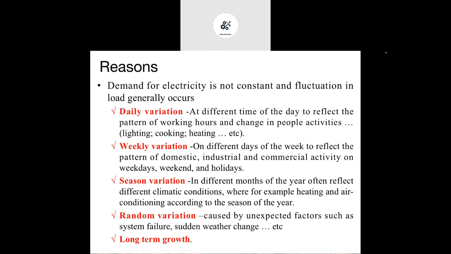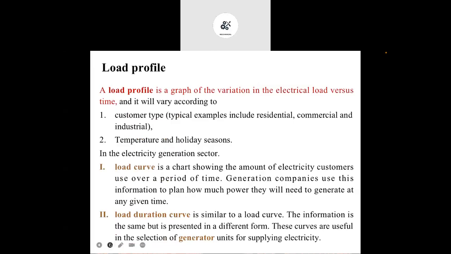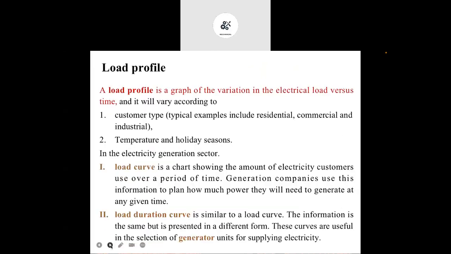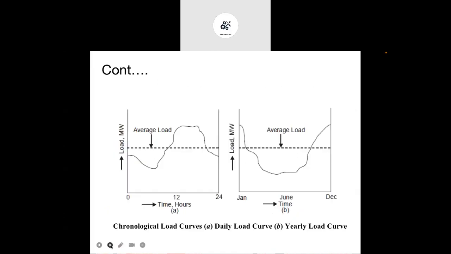These are the reasons because of which the demand from the consumer varies with time. By using the load curve, we can anticipate this variation, and based upon that we can generate the electricity. That is the basics of the load duration curve, and these are the reasons the variation of the demand happens.